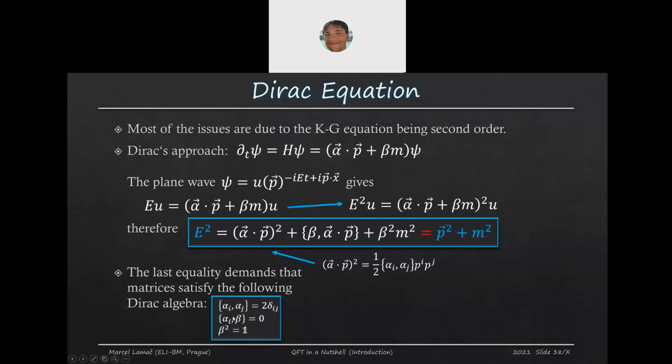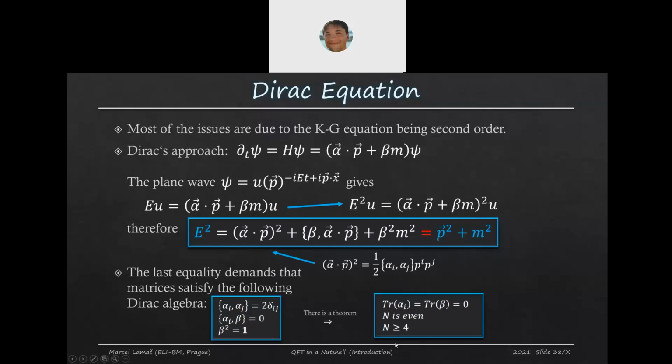Then there is the anti-commutator of alpha and beta that should be 0, because we don't see any such linear term in momentum on the right hand side. And lastly, the square of the beta matrix should be 1, because we just get m squared on the right hand side. Okay, so these are the conditions. And in fact, it is very easy to show that these conditions lead to the following consequences.